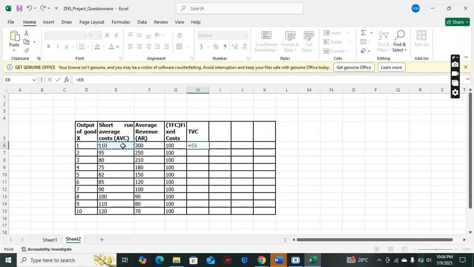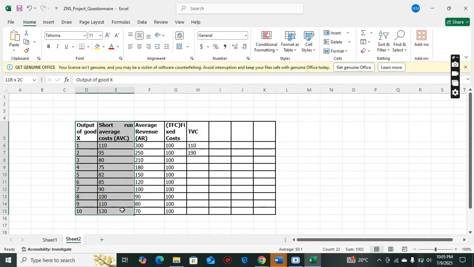Okay, so for 1 unit, 1 times 110, 110. For 2 units, 2 times 95, get 190.